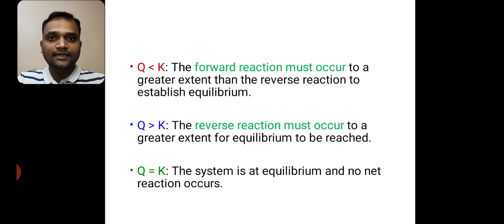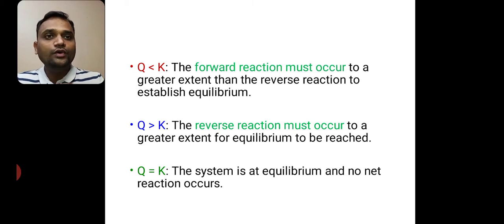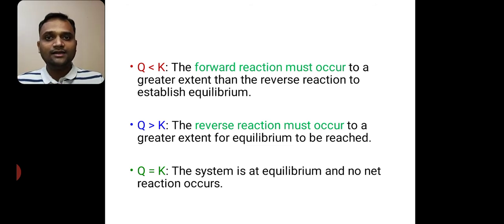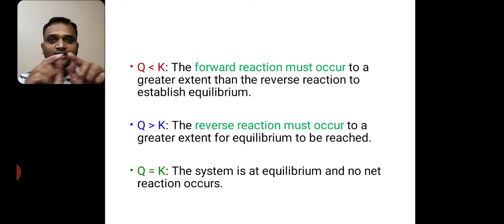The first condition is when Q is less than K. That is, the value of the reaction quotient is less than the equilibrium constant. So when Q is less than K, the forward reaction must occur. We have seen in an earlier slide that A gas gives us B gas.